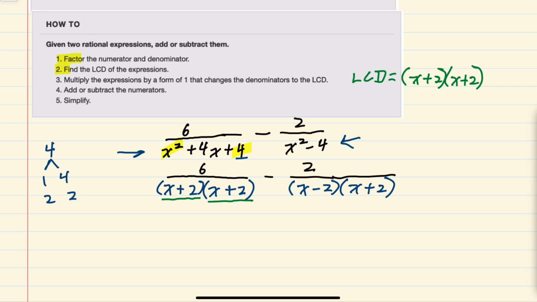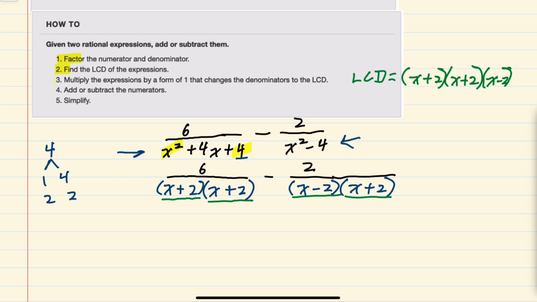And then the second fraction says I need an x minus 2, so I'll need to add that. It also says I'll need an x plus 2, but I've already got that in the lowest common denominator. So from this you can see that these two factors I started with are the denominator on the left, and then these two factors in the lowest common denominator are the denominator on the right. So this is our lowest common denominator.